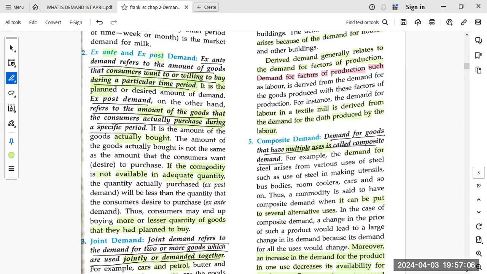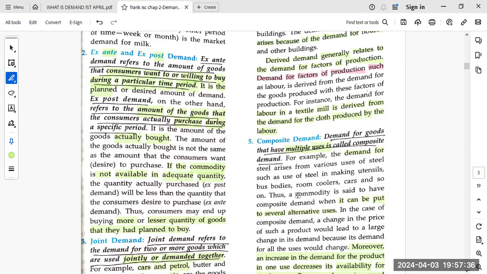Fine. You can make so many things out of milk. You can make sweets, ghee, cheese, butter, curd. So demand for goods that have multiple uses is called composite demand. For example, the demand for steel is also composite demand, because out of steel you can make cars, trucks, rods, whatever you want.